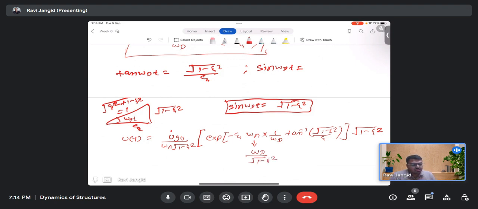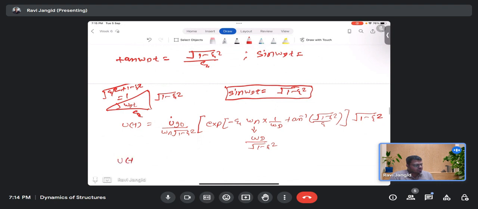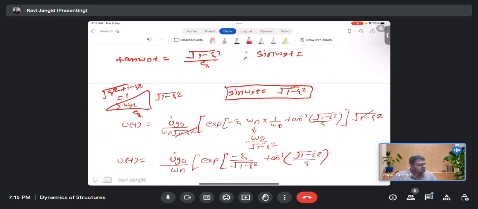So further I can simplify it as u_g0 over omega_n, and this one cancels out with this one, and omega_d cancels with omega_d, so that becomes exponential of minus xi over square root of 1 minus xi square into tan inverse of square root of 1 minus xi square over xi.